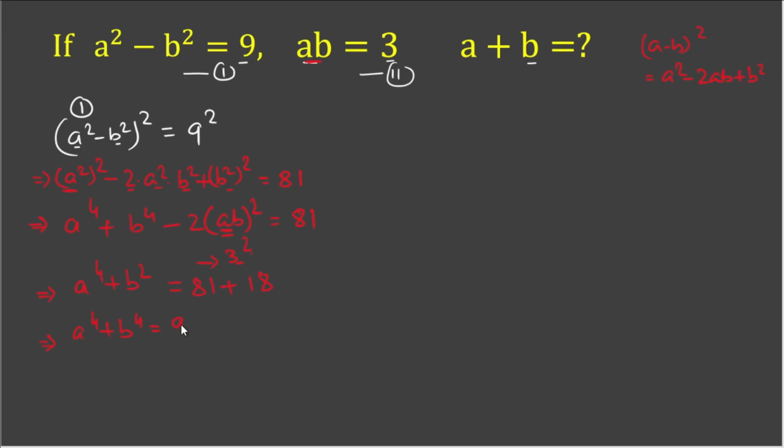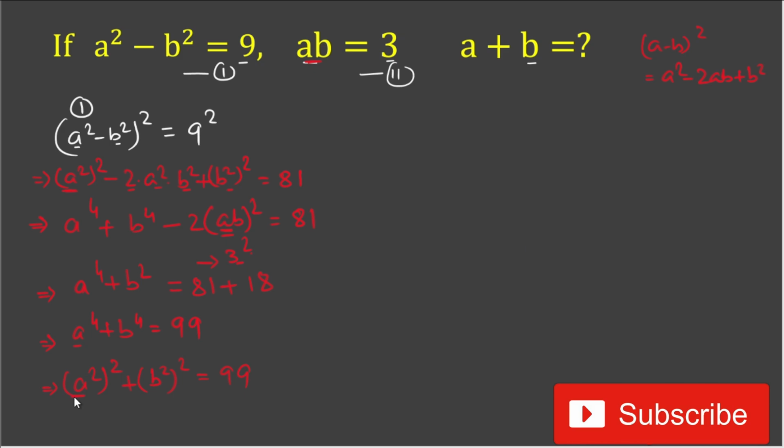Now we can write it as a powered by 4 plus b powered by 4, value is 81 and 18 is 99. Now we can write a powered by 4 as a square and whole square, likewise plus b square and whole square, that is equal to 99.